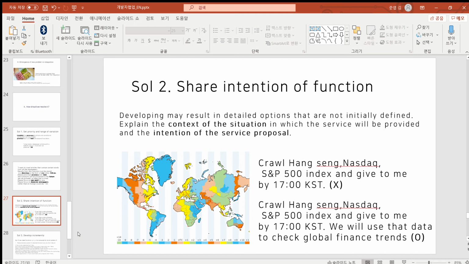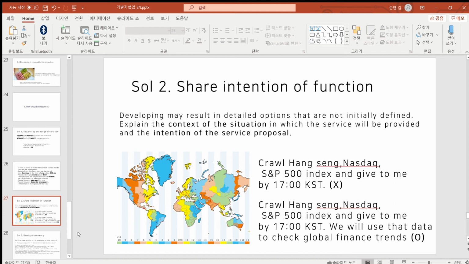If you just give the instruction to crawl Hang Seng, Nasdaq, S&P 500 index and give it to me by 17 o'clock, like 5 o'clock in Korean time, that is really vague, because at that Korean time the American stock market is not open, so they cannot get the real-time stock data at 5 o'clock.